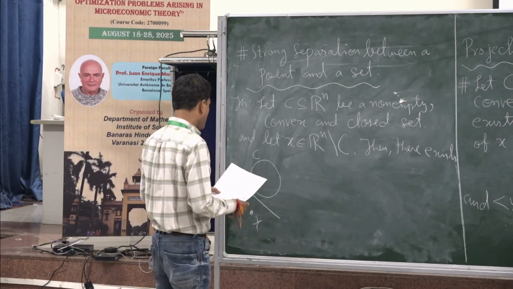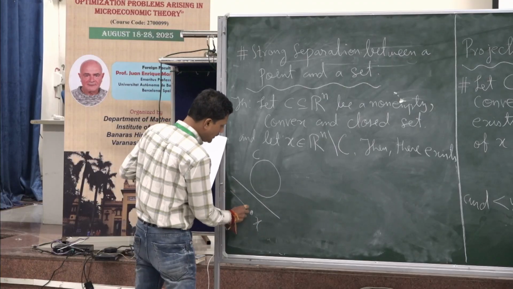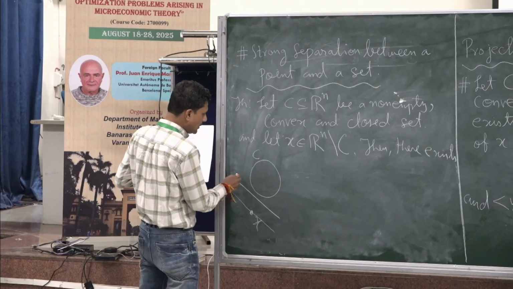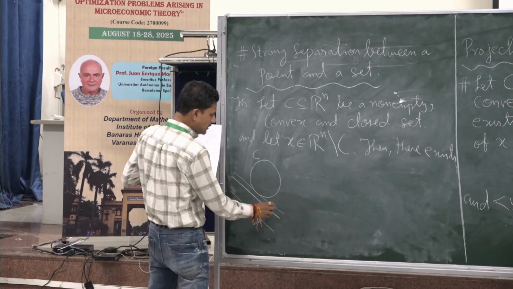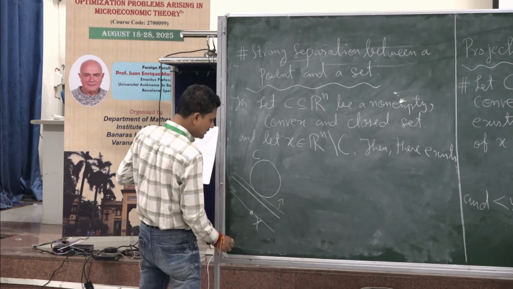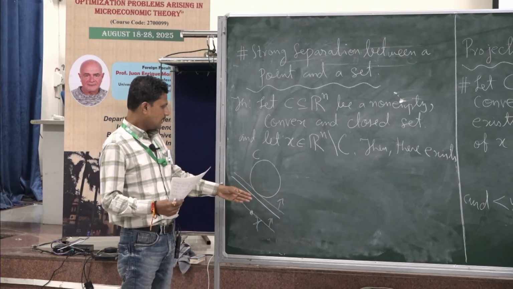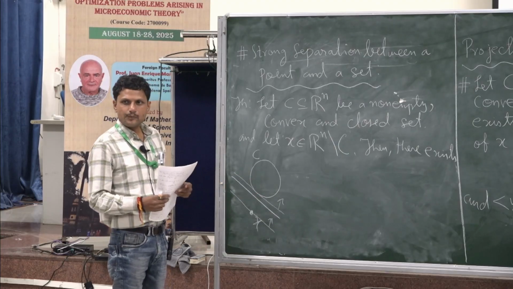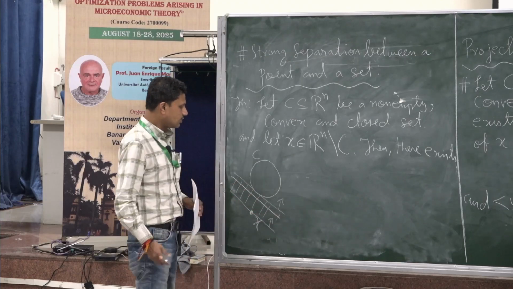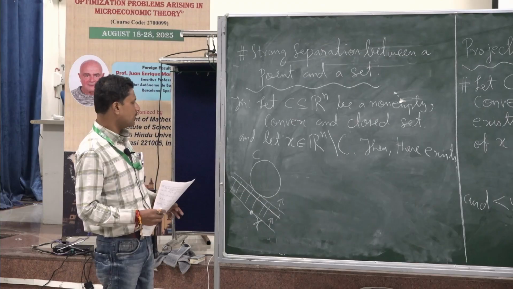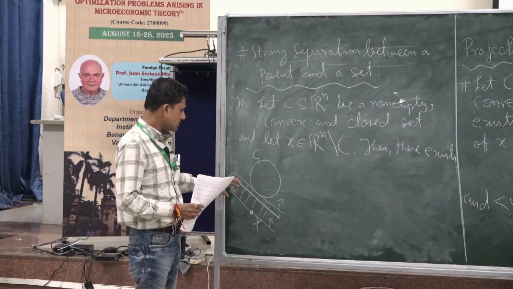Not only this, actually we can find a plane passing through this x, and a plane which is parallel to this set, and both these planes will have the same normal, and then the space in between can be filled like this. So that is why this is a strong separation. You have a gap in between this set and this point.